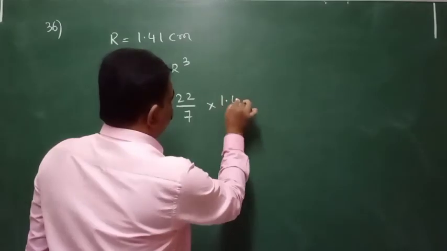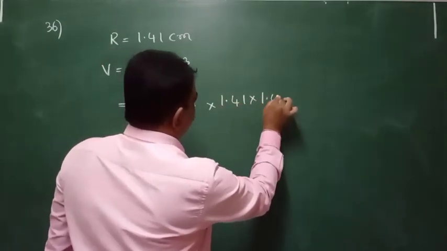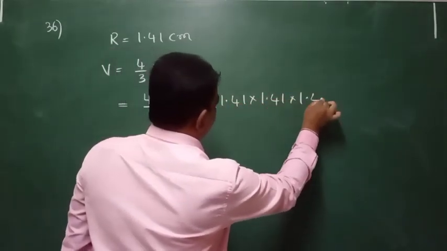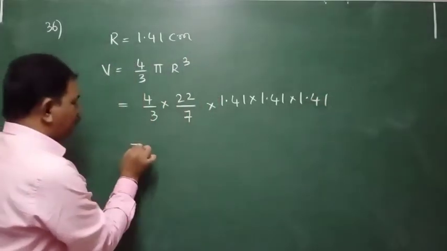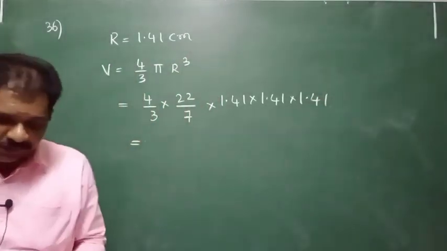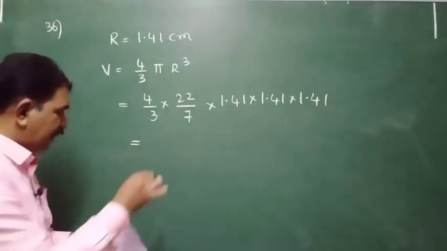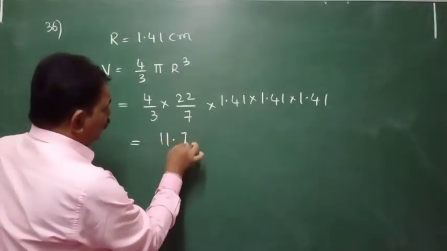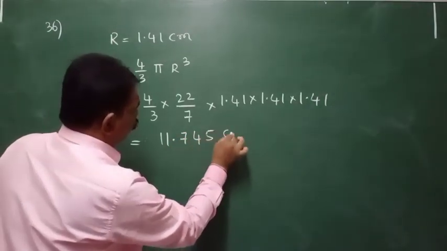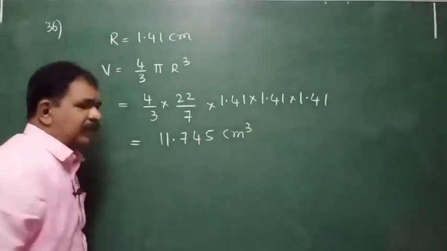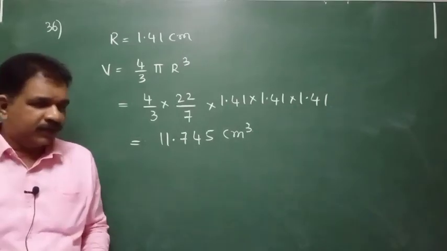So this is 1.41 into 1.41. If we calculate this value, finally we will get 11.745 centimeter cube.